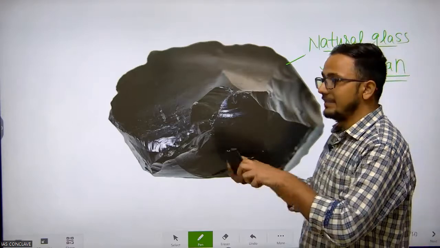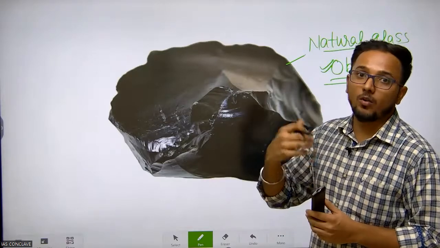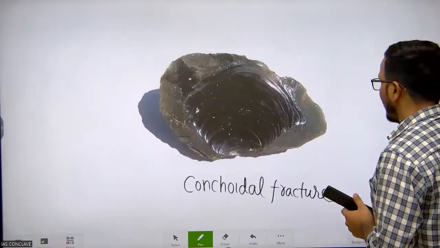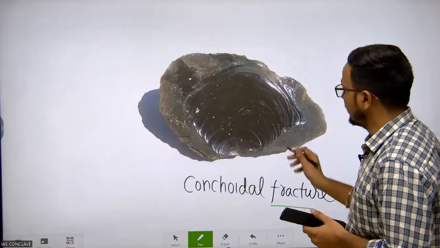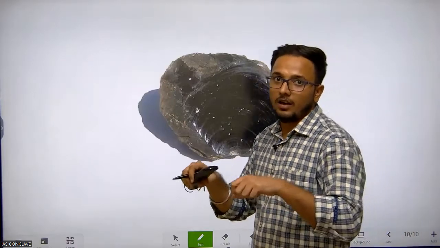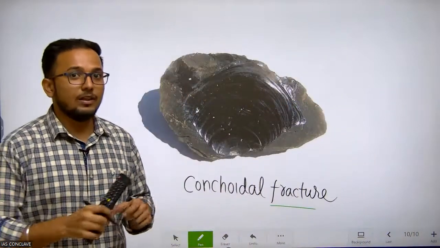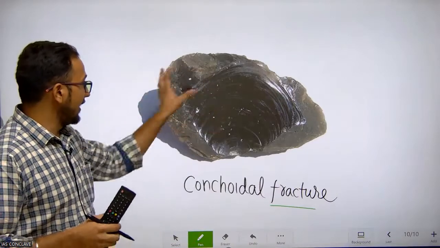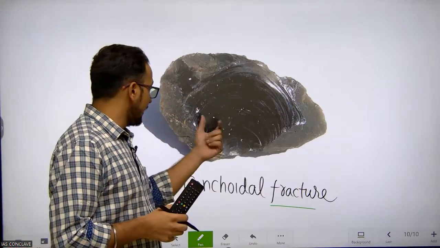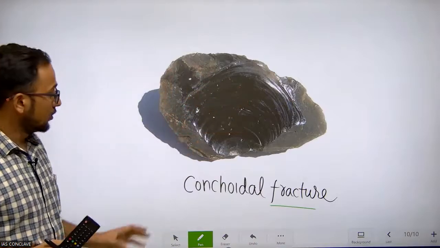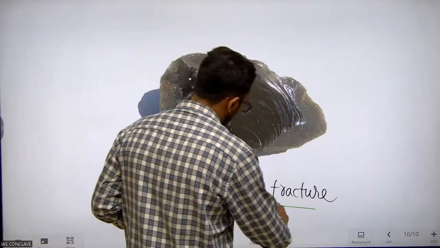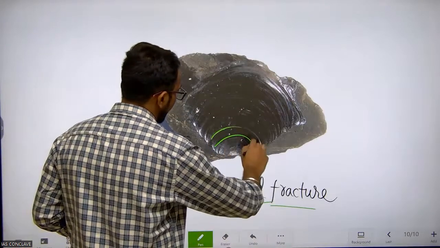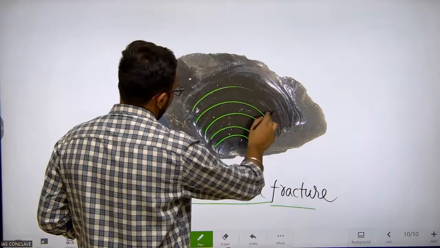Whenever we break this obsidian rock, it forms a conchoidal fracture, because it does not have any cleavage. Cleavage forms where bonding is weak. Here the bonding is similarly strong all over, so it forms this type of conchoidal fracture.